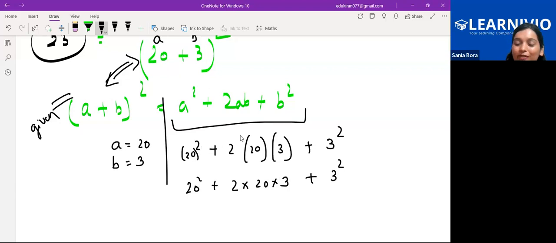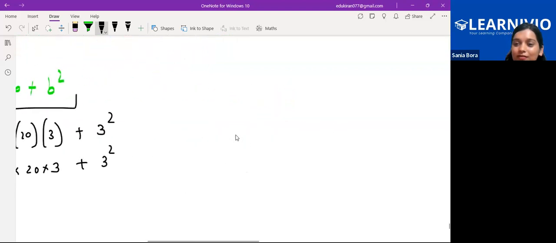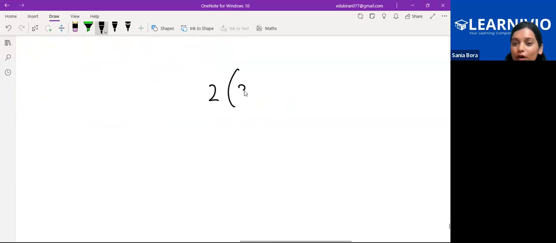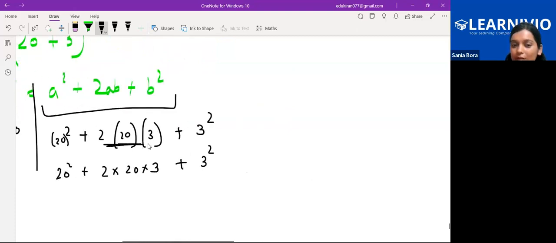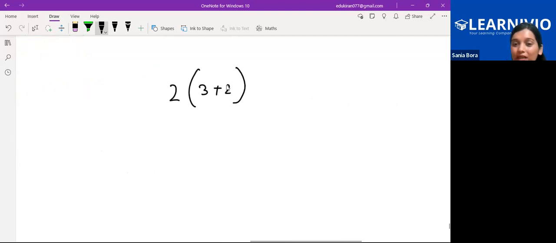Okay, ma'am. Where do we use distributive property? In a case like 2 times (3 plus 2), we use distributive property. But where is this? They all are in multiplication. We use distributive property if inside the brackets they are in addition or subtraction.